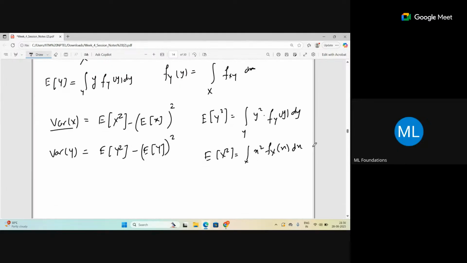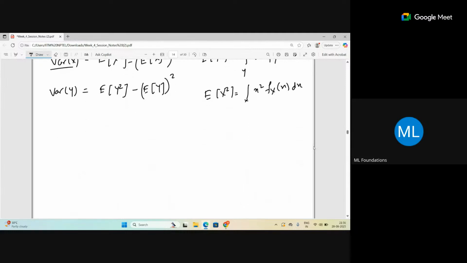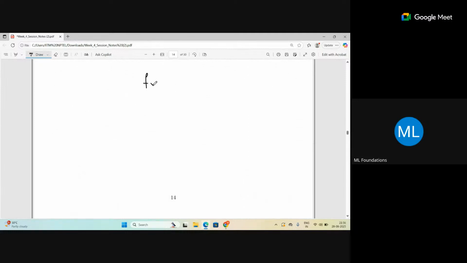And if the joint probability mass function is given to me, in that case, what is f of x of x?